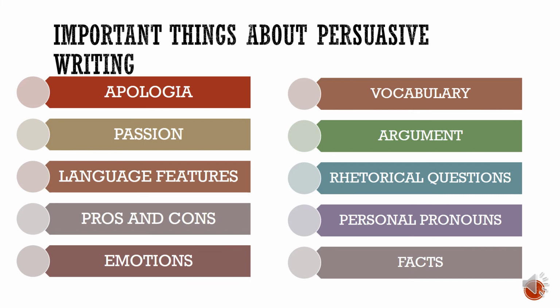So that the readers would not find your composition biased. Okay, you should have a complete overview of both sides, and then based on the material that you have gathered, you are now going to choose a side, and then you're going to persuade your reader to take your side. Okay. The next one is emotions.